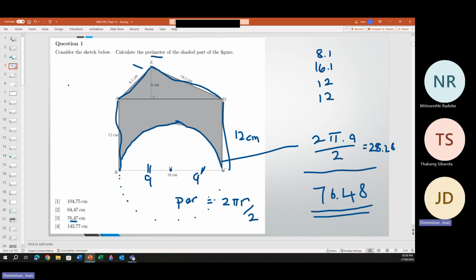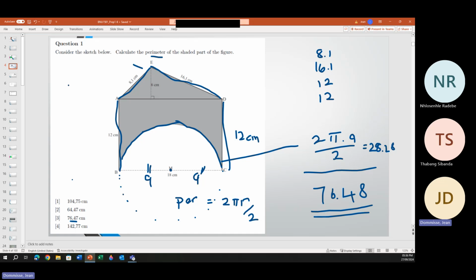But remember, the perimeter of a circle is 2 pi radius, so if we want half of that, it's 2 pi radius divided by 2. And then the other components we already had, so we just add all of them together to get to 76.48. So that is how we will get it.